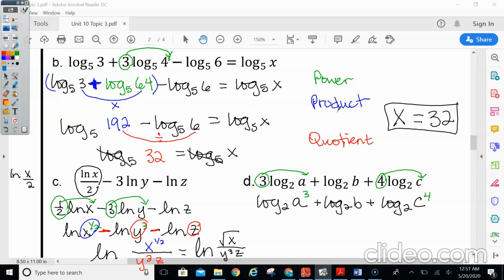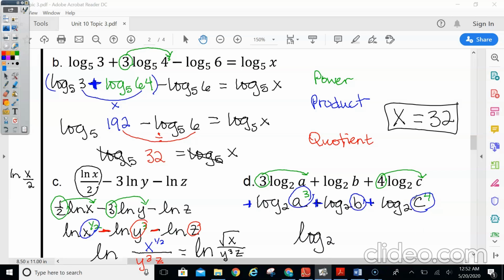So now I'm going to combine these two properties. This one is a positive log, so it's going to stay in the numerator. This one's a positive log, so positive here, positive, positive. That means all three of these together are going to be multiplied in the numerator.